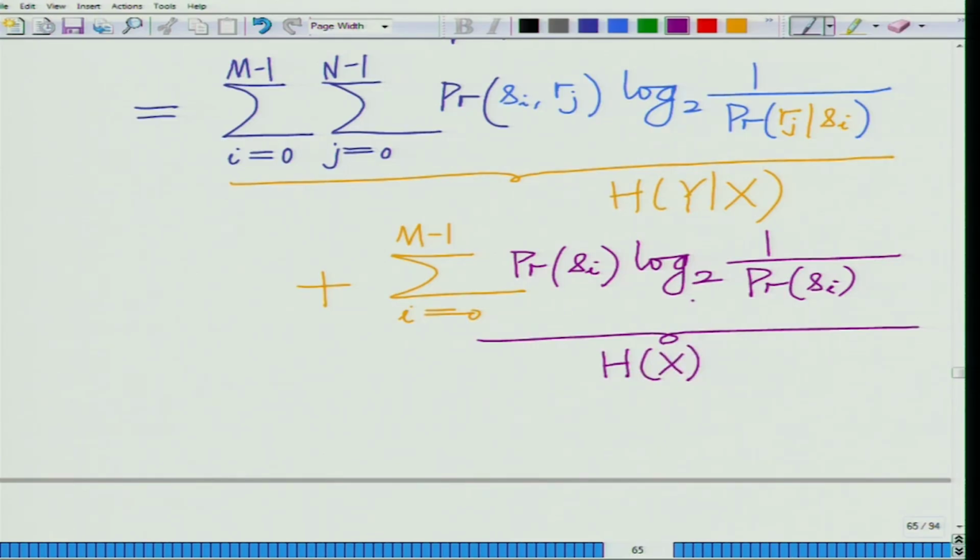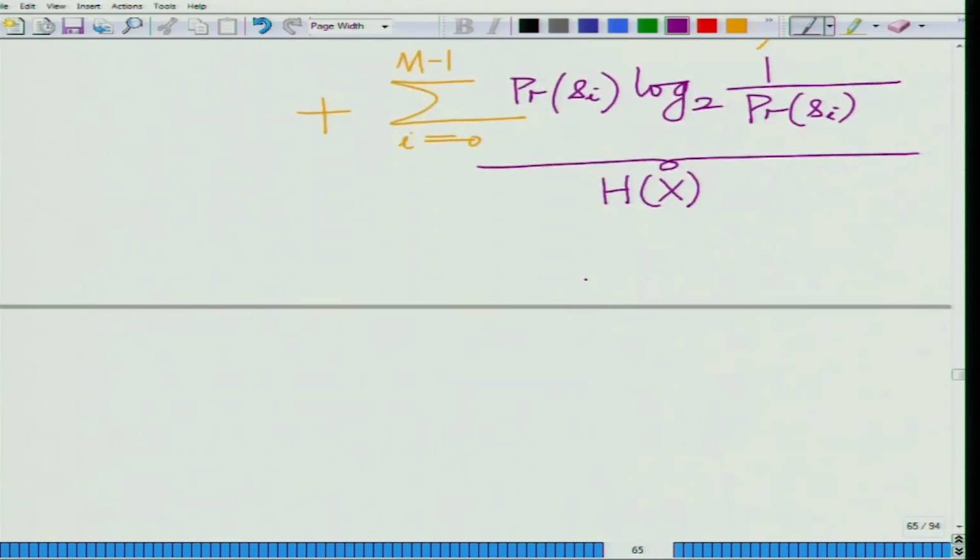So, H of y given x plus H of x. Now, look at this entropy of x. I can also write this as, remember probability of Si is nothing but probability of Si Rj summed over all j. So, I can also write this as, well, j equal to 0 to n minus 1.